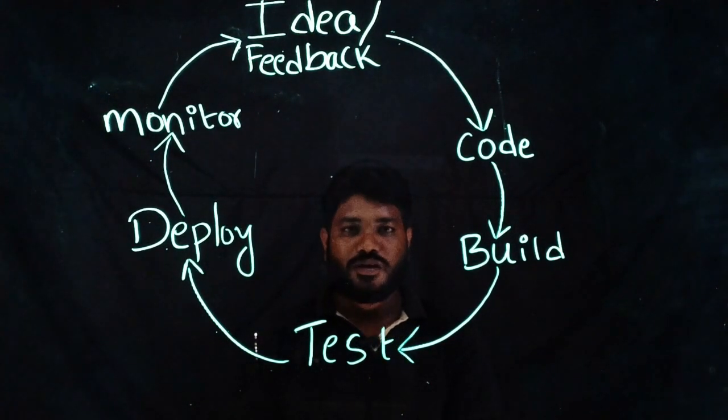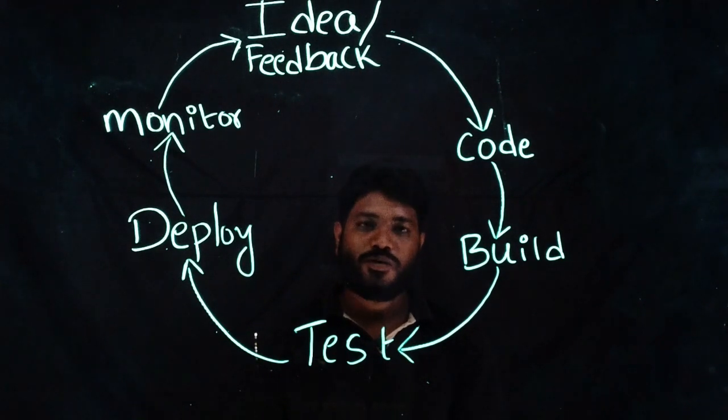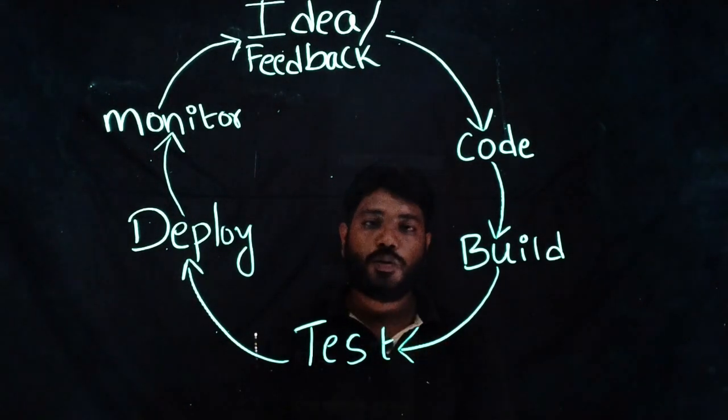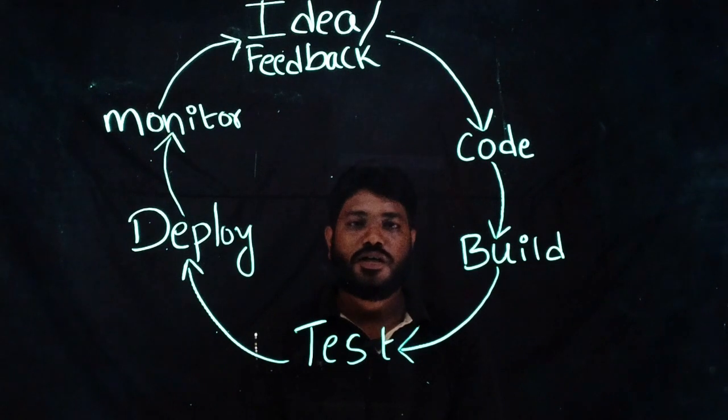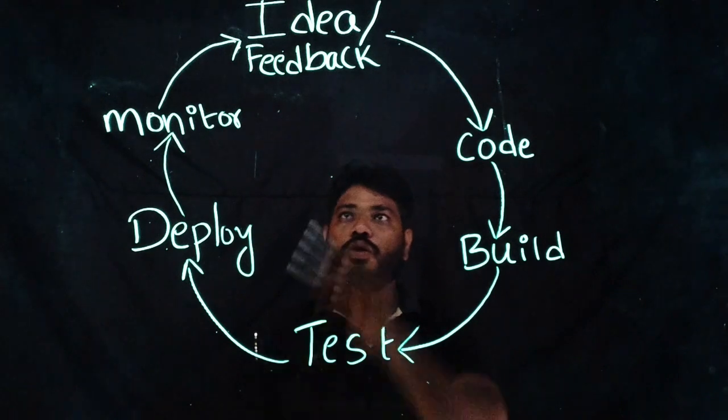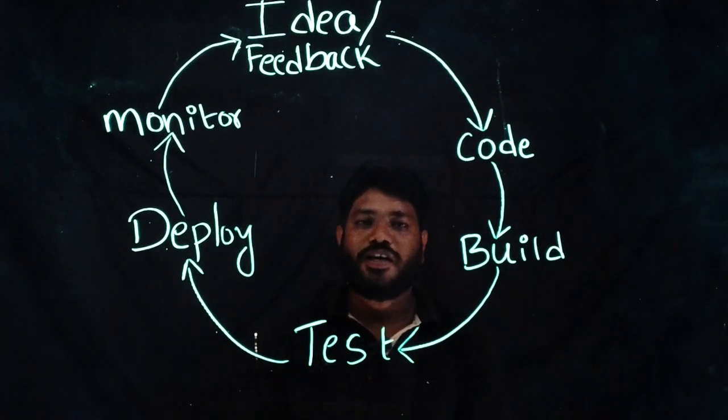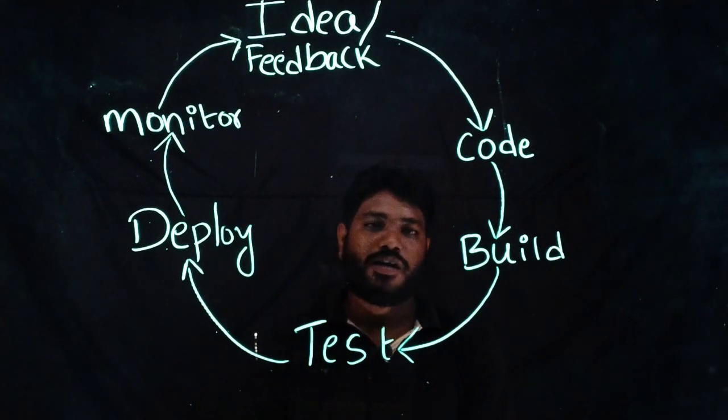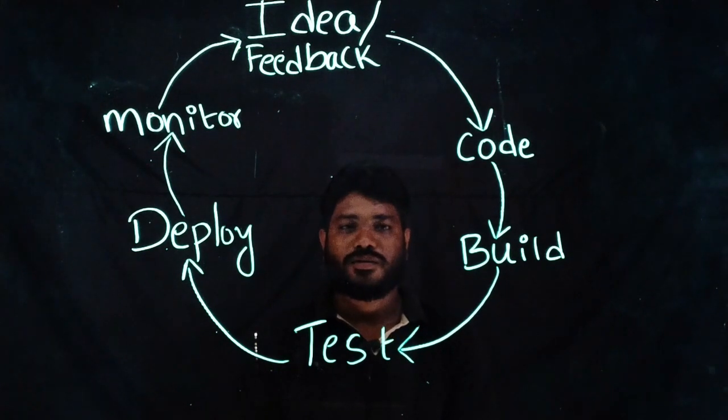In the last video, we discussed the set of tools that come in DevOps. So I'm going to list out the tools in this lifecycle, to show how this DevOps culture fits into the combination of tools. You got the idea; the idea may be documented and stored anywhere in a tool.